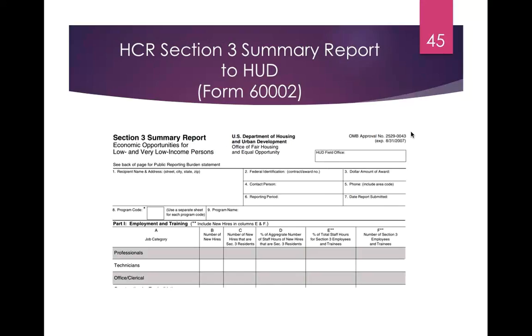This is the form that you can find on HCR's website that can be completed by the HCR Section 3 coordinator, who would help the Section 3 coordinator that you hire fill this form out.